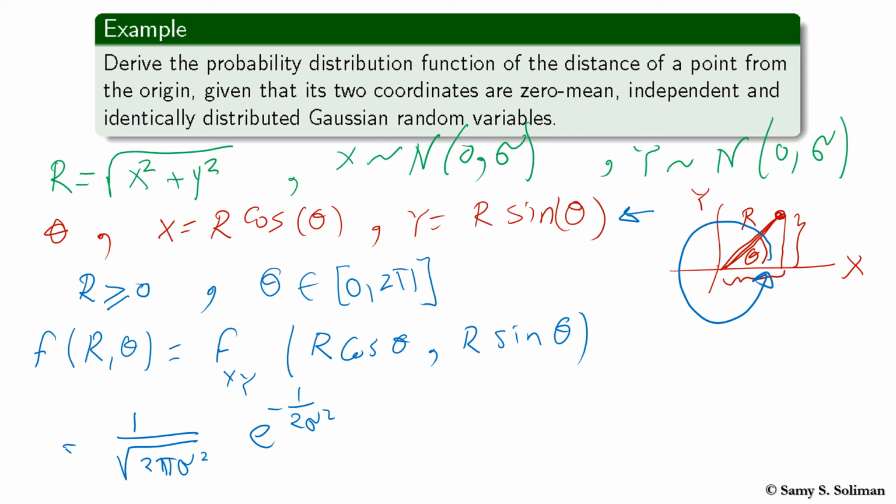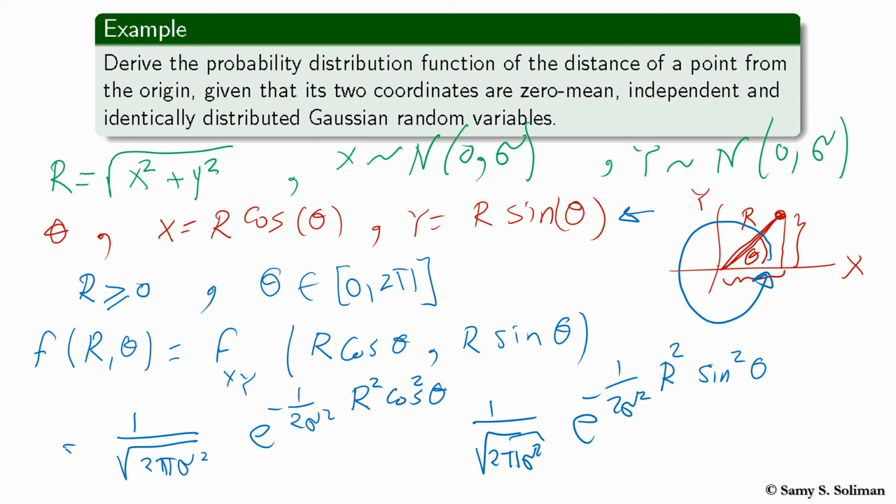So that is x squared, which is r squared cosine squared theta. Similarly, multiplied by f of y, which is also 1 over square root 2 pi sigma squared, e power negative 1 over 2 sigma squared, and now y squared. So y is r sine theta, and that is r squared sine squared theta.